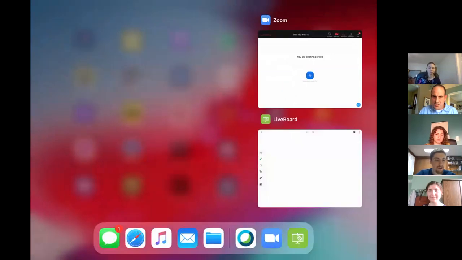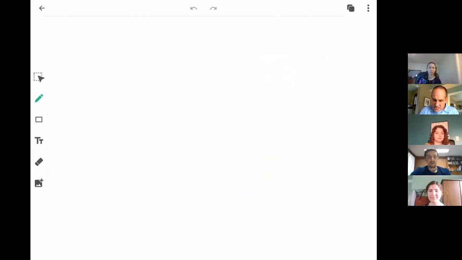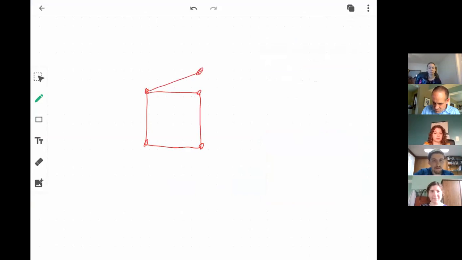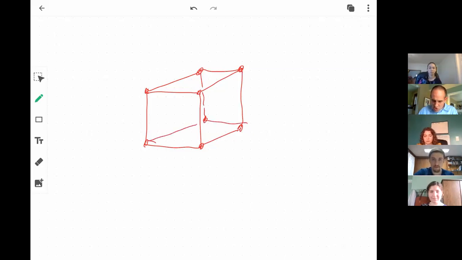Okay, so let's look at this. So the cube looks like this, right? Oh man, that back end looks horrible, but you know what I mean.